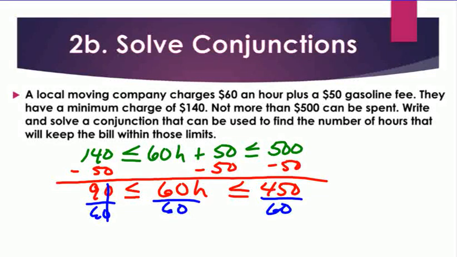This would be 90 divided by 60, which is 9 divided by 6. I divide by 3/3. That gives me 3/2, which is the same as 1.5. So I'm going to use the 1.5 here.